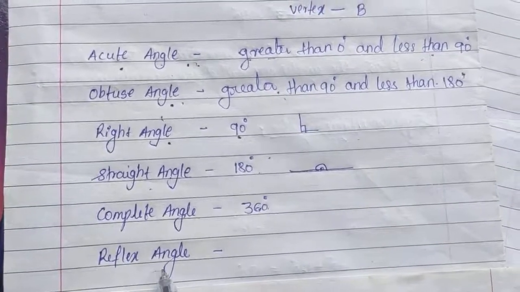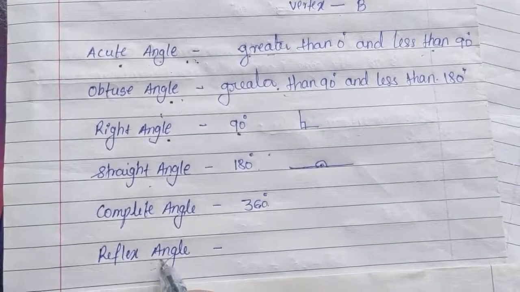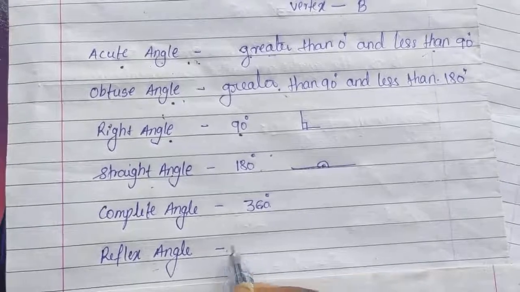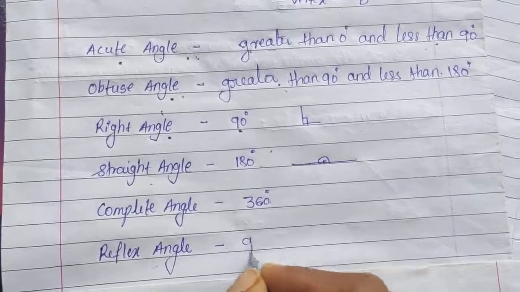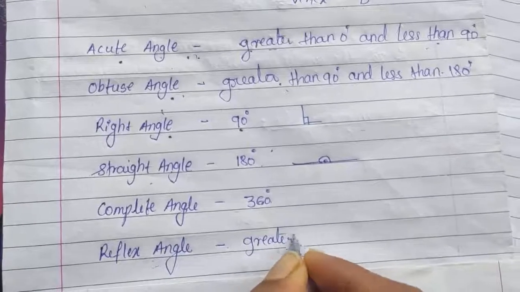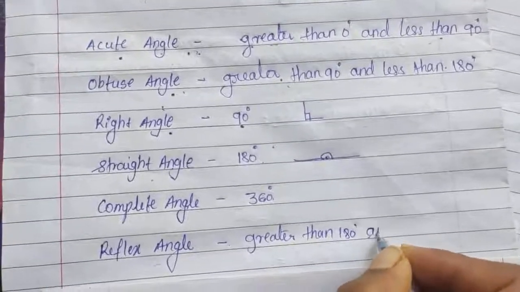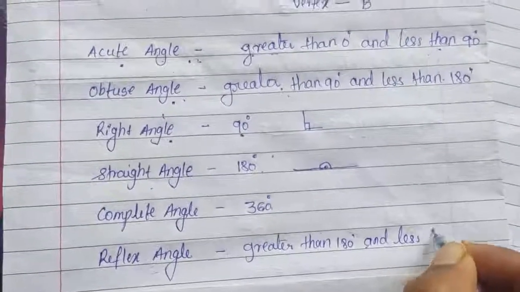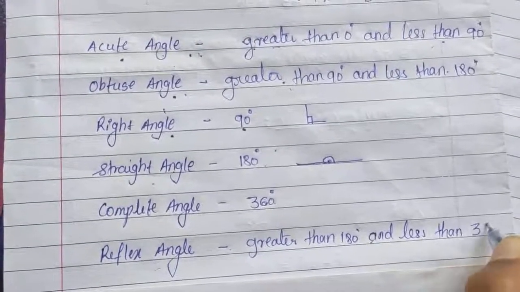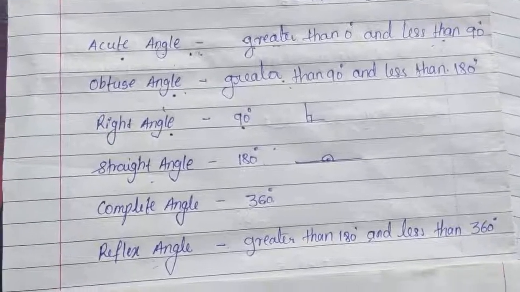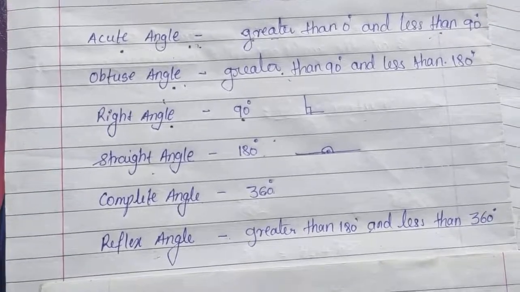So a reflex angle is an angle which is greater than 180 degree and less than 360 degree. These we learnt in 6th standard.